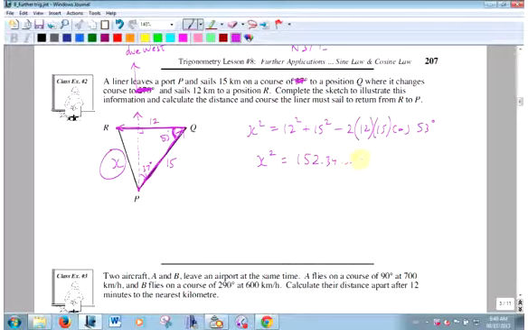Okay, the more decimals, the more accurate it's going to be. So x is 12.34. Okay? That's the distance. Did I answer the full question? Okay, that's what x is.